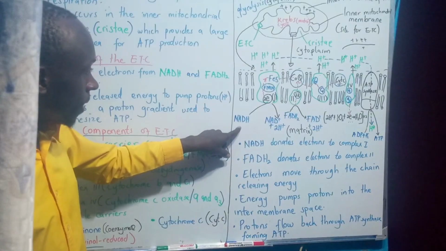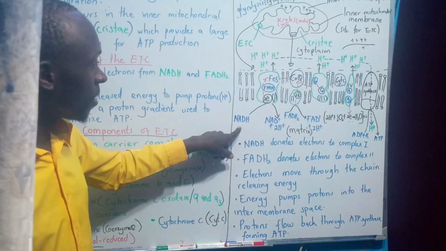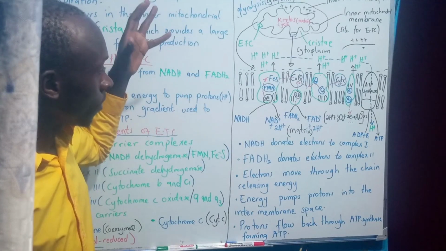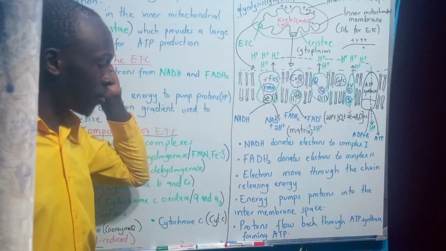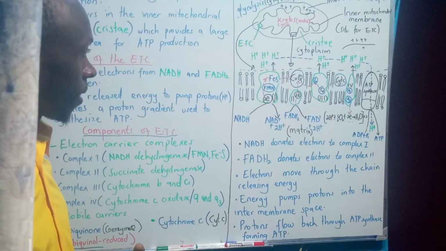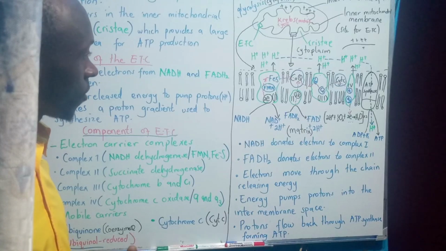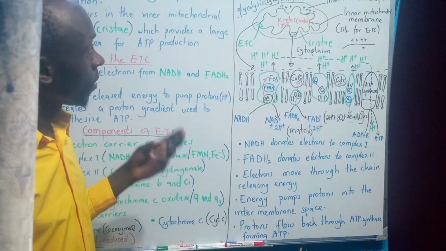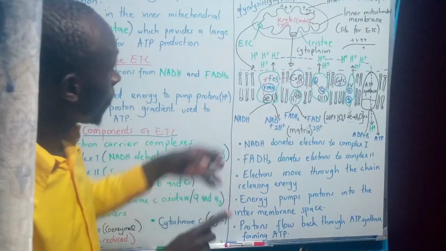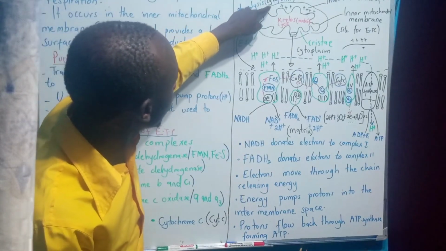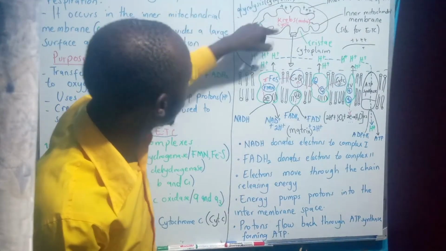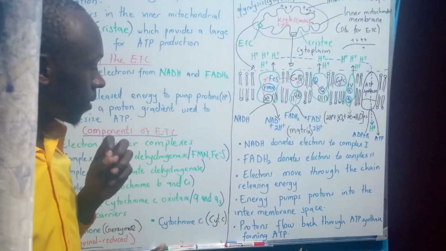Any NADH would form 3 ATP molecules, but now consider the NADH which comes from oxidative decarboxylation in the link reaction and glycolysis. For it to cross from the cytoplasm through the outer membrane into the intermembrane space, it uses energy.